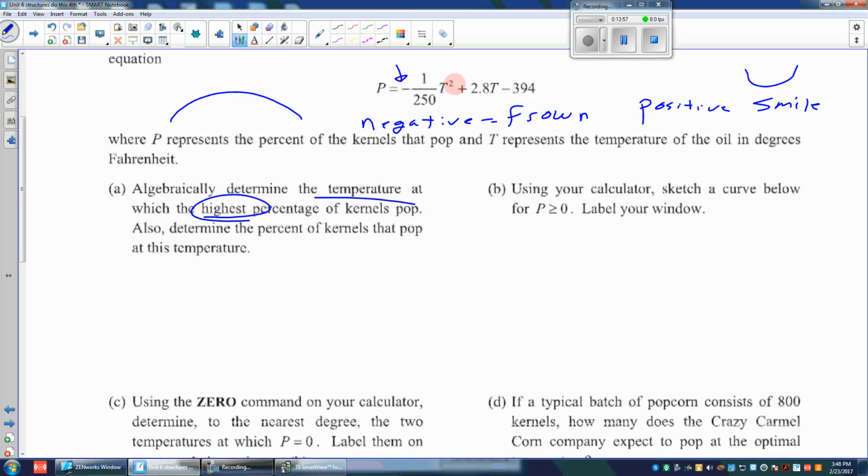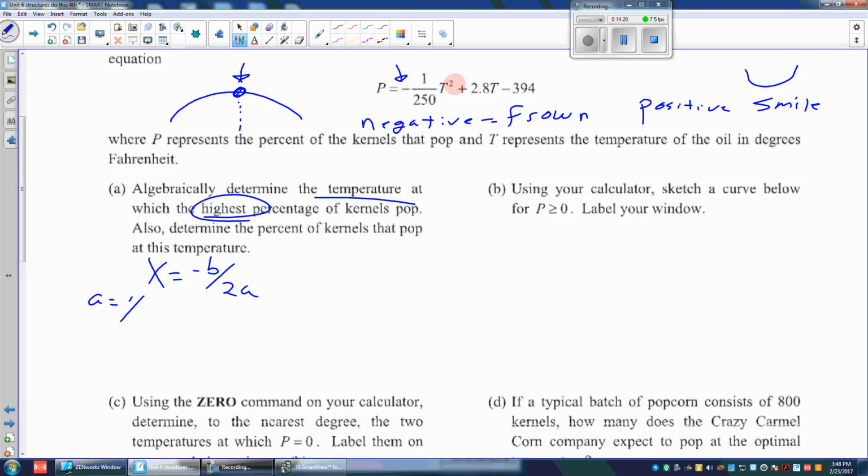Because we want to find the highest percentage of kernels popped, and it's a frown, we're going to find that point right there. Find it. I got it. It's right there. That happens to be along the axis of symmetry. So we can use x equals negative b over 2a.